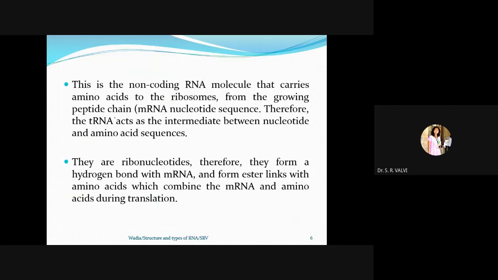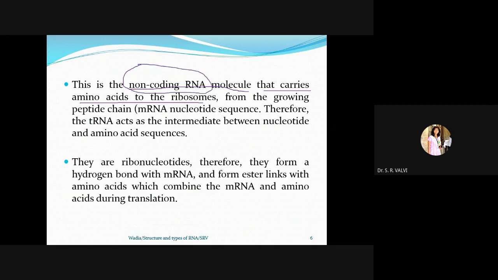Now, this is a non-coding RNA molecule that carries amino acids to the ribosome. The main function of tRNA is that it carries the amino acid, so it is called a non-coding RNA molecule. It is not going to code.